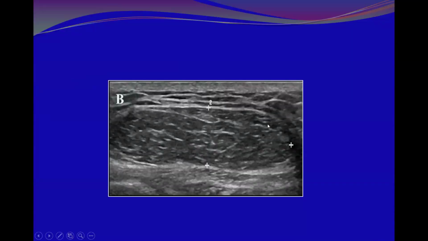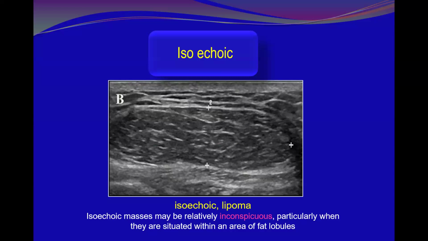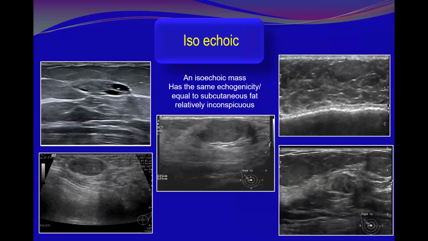If we look here, apart from this surrounding capsule, we could not appreciate that there is a mass because the echogenicity is more or less the same as the adjacent fat. So this is an isoechoic mass, and usually a lipoma represents such lesions.